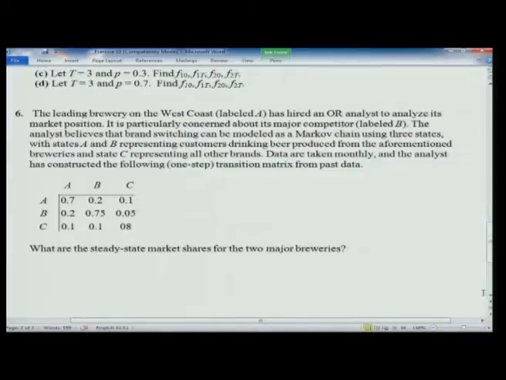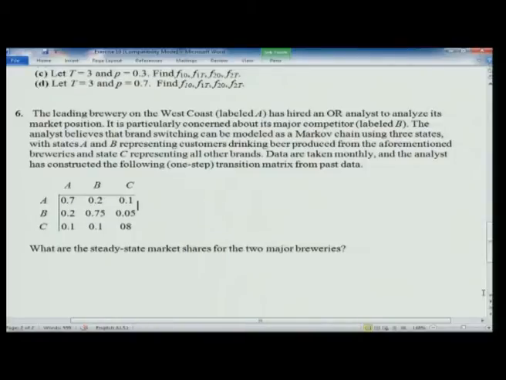So, state A, that means A to A in the transition matrix that was given below: the probability that somebody using beer from brewery A will continue to use brewery A is 0.7, but may switch to B with probability 0.2 or to other brands with probability 0.1. Similarly, you can explain the row B entries, and then C.